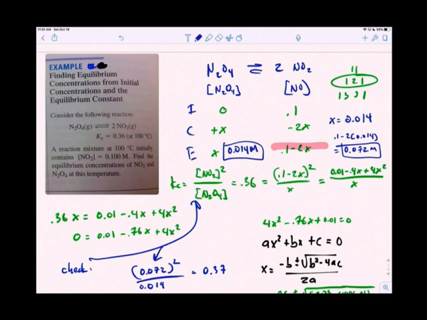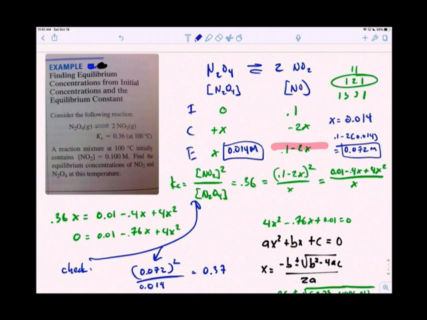Okay, so let's do a recap with this one. We have N2O4 in equilibrium with two NO2s. Kc is 0.36. Initially, we have the product NO2 at 0.1 molar. What are the equilibrium concentrations of both?